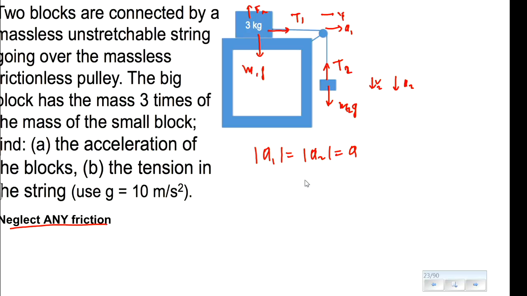A normal string is not a heavy cable, so it has no mass, it's massless. Because of that, the string actually doesn't change the magnitude of a force. The force on both sides of the string has the same magnitude. These equations come from properties of the string.